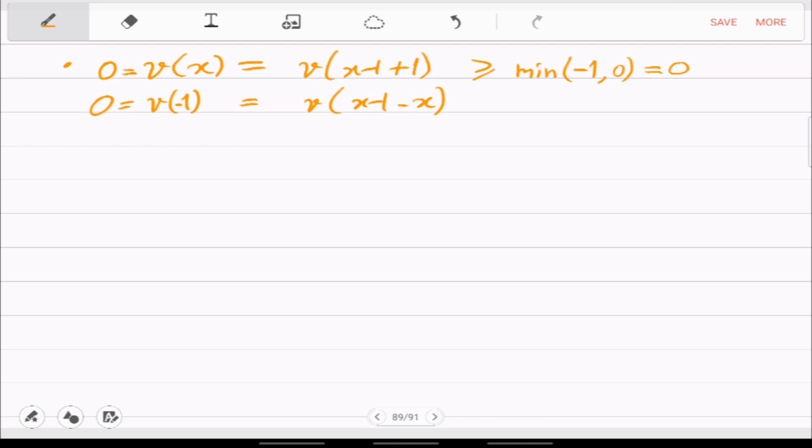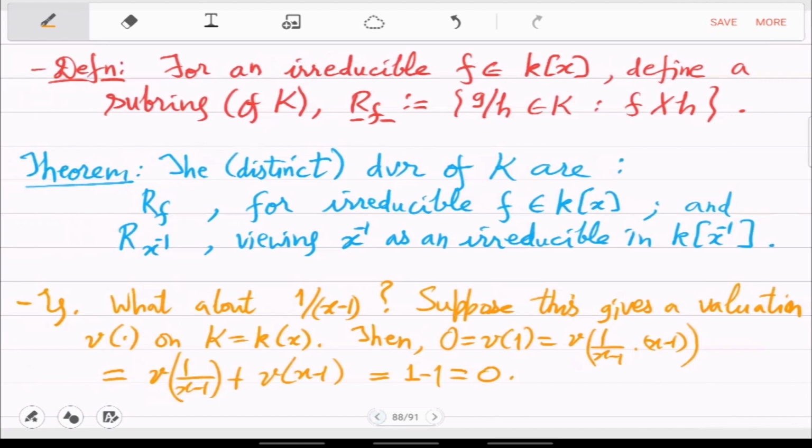Yeah, I hope that here it will be enough. Some contradiction will come, but it's not happening. But V of x equals 0 implies x is a unit, which it's not. No. This is the 1 over x minus 1 valuation we are trying. We are trying to get a contradiction there. On which ring? No, there is no ring. We work with the function field, right?